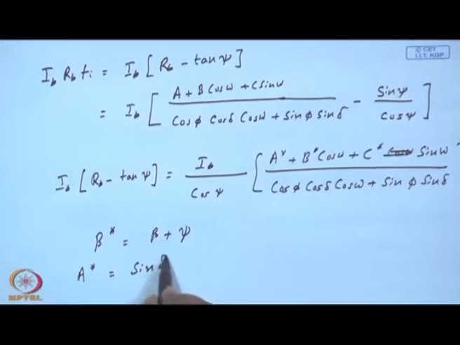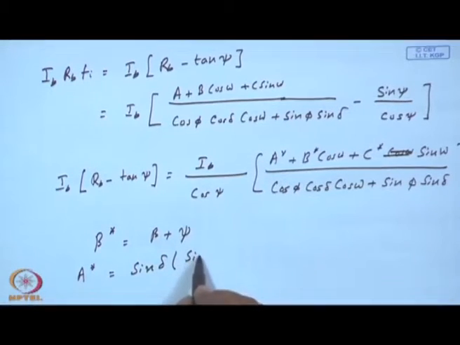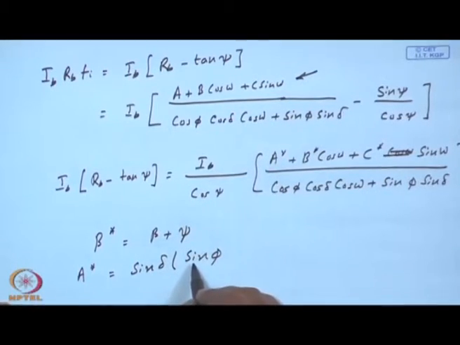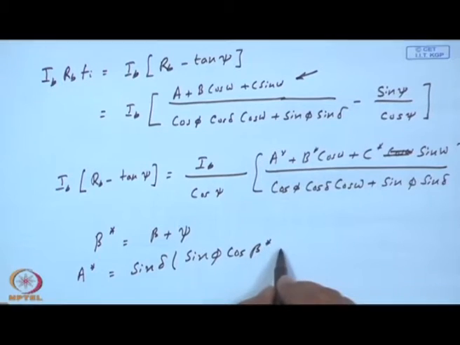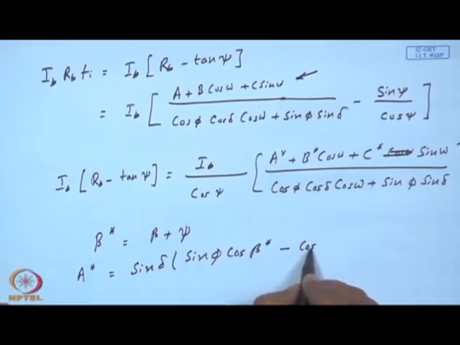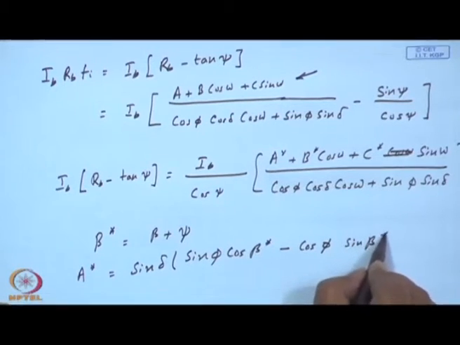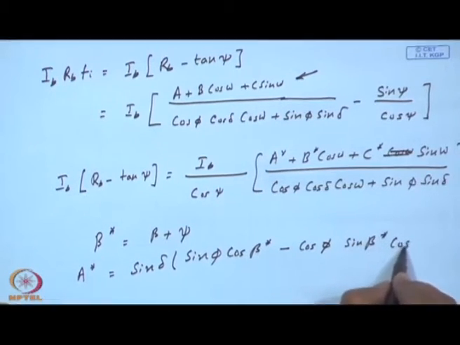You recall the fundamental definition, sin delta times, when we expressed cos theta as A plus B cos omega plus C sin omega, that is what we have done here. Sin phi cos beta star minus cos phi sin beta star cos gamma.